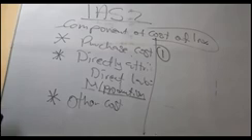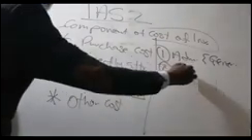Item number one, general and admin costs should not be part. Administrative overhead and general expenses should not be part. Two, selling and distribution cost should not be part.